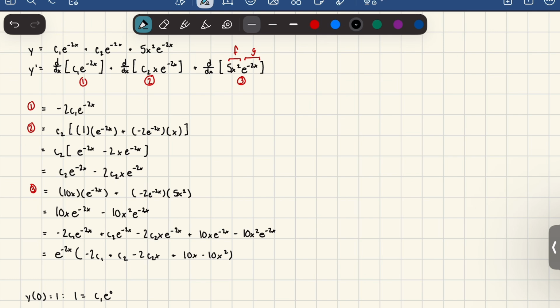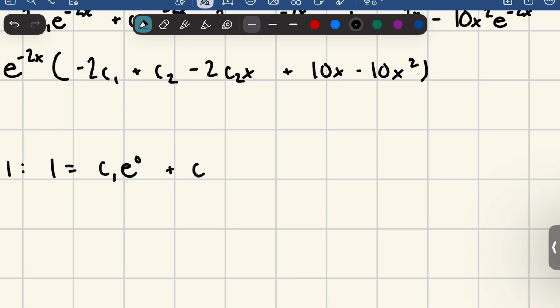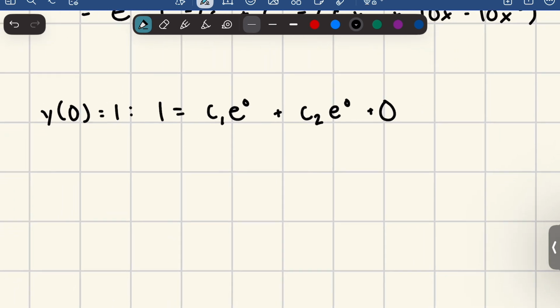So I'm just gonna do plus c2 e to the 0 plus 0. So 1 equals c1 plus c2.